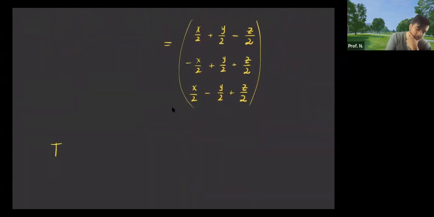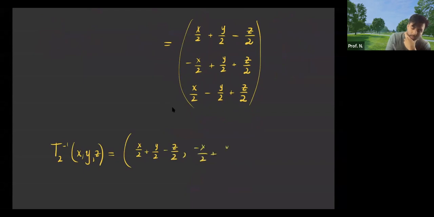Or you can write this in comma delimited form: x over 2 plus y over 2, comma, negative z over 2, comma, negative x over 2 plus y over 2 plus z over 2, comma, x over 2 minus y over 2 plus z over 2.